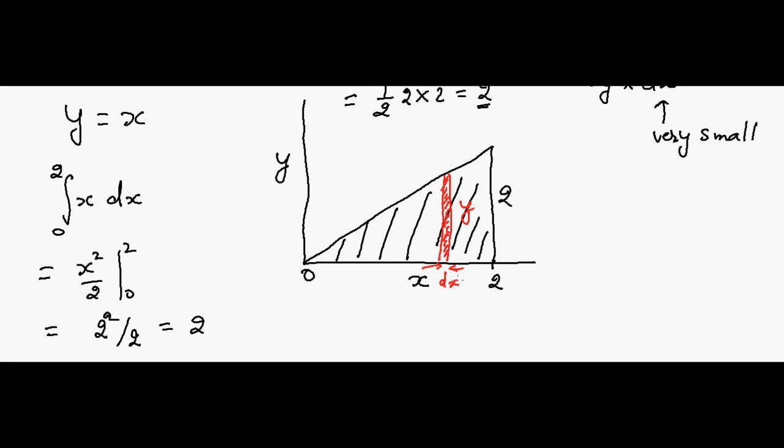If dx is very small, this strip can almost be considered a rectangle, and the area of a rectangle is equal to y into dx, where dx is one side here and y is the other side, so that's almost equal to a rectangle.